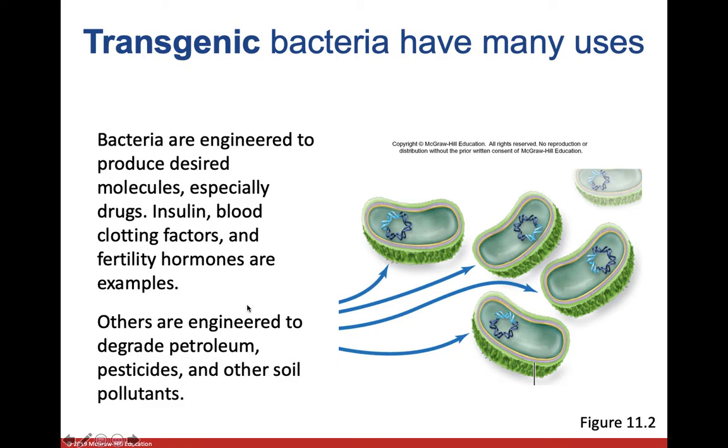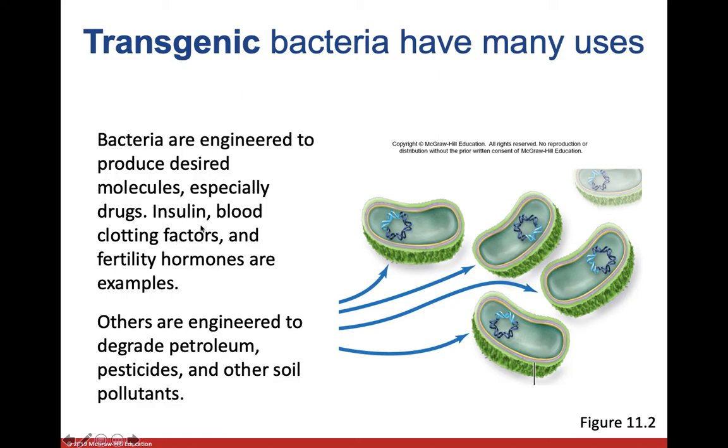So we can take the gene for petroleum degradation out and stick it in a very neutral bacteria, one that doesn't harm fish. So if there's an oil spill in the ocean, we can pour those engineered bacteria into the ocean. They'll break down the petroleum, get rid of the oil spill, and not harm the fish in the ocean, which is super cool. So very, very useful.